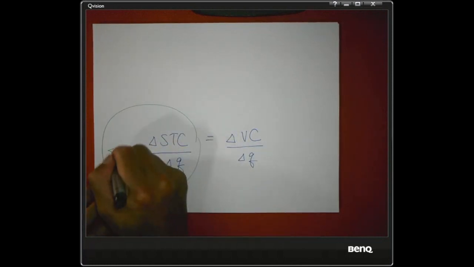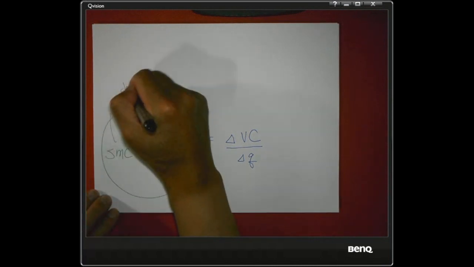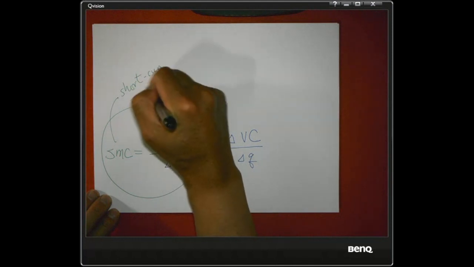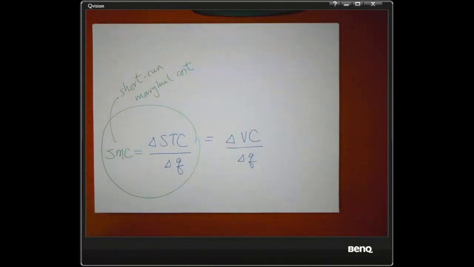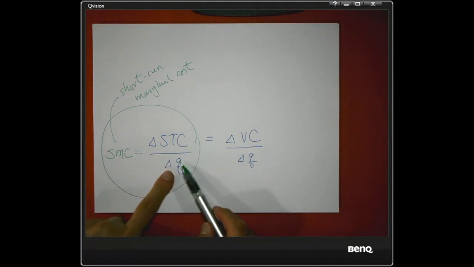It's actually the short run marginal cost. That is, how much change in the short run total cost when we change the output we produce.